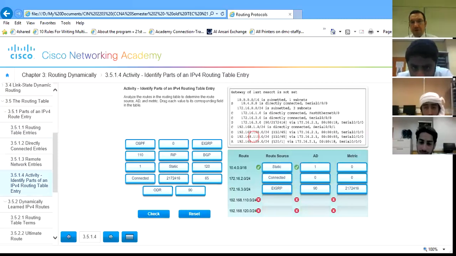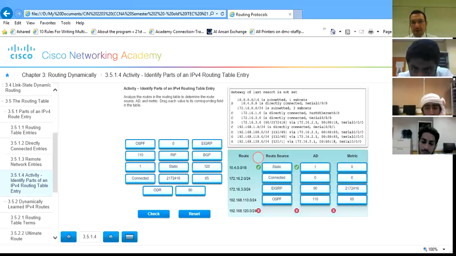What is the route source? OSPF. Good. What is the admin distance? Admin distance. 110, thank you. And then the metric is 65.